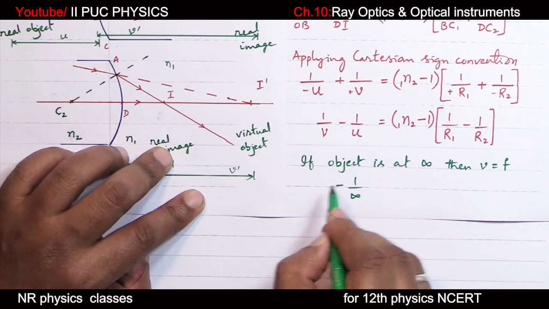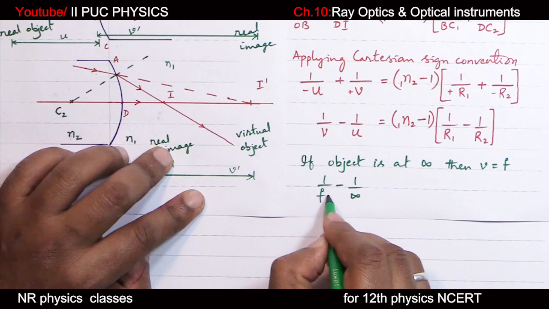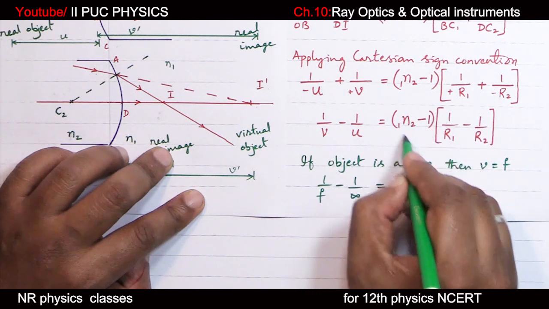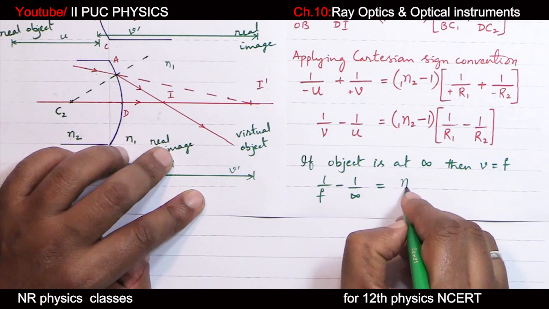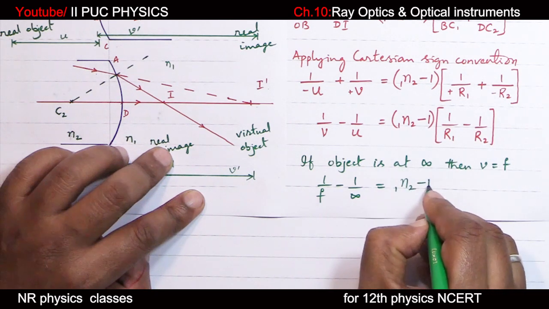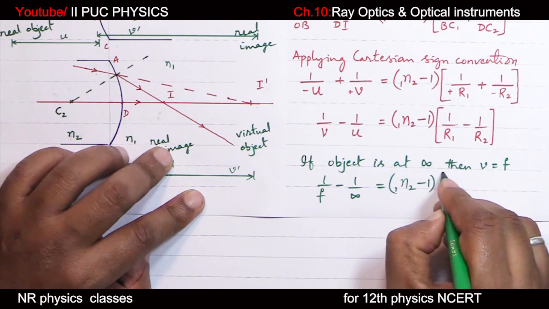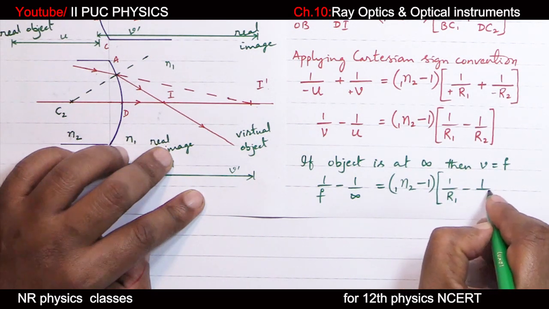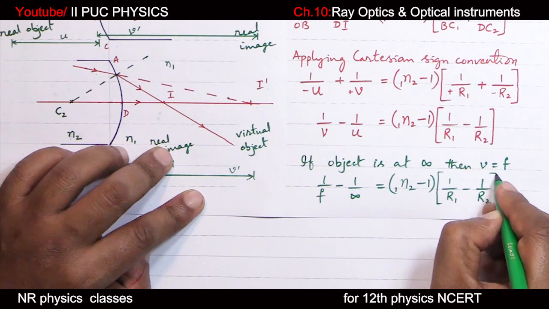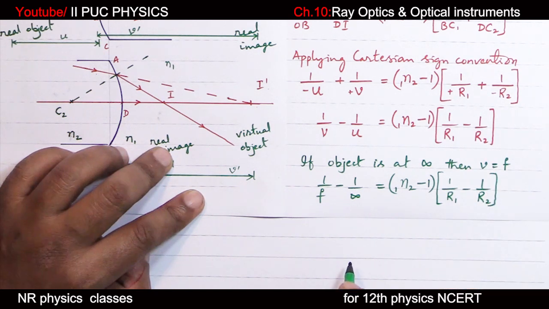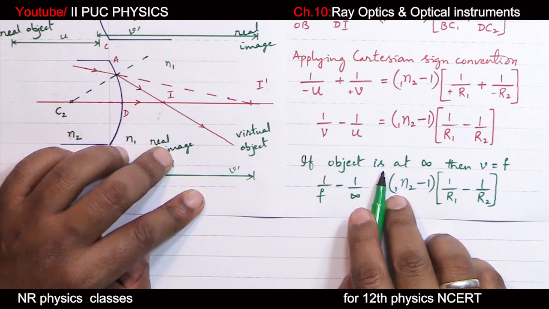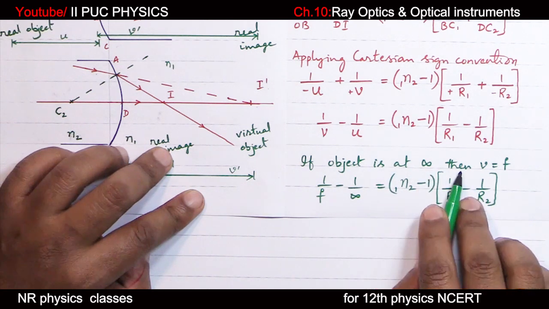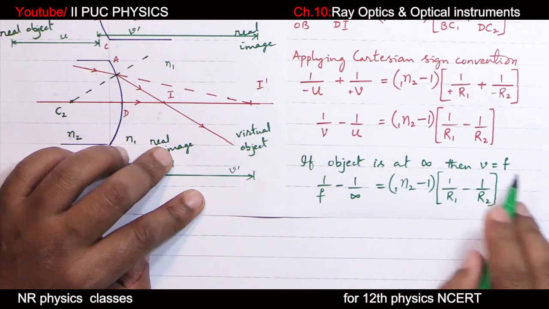Image distance is f, so 1 by f equal to, let me write this as it is, N21 minus 1 into 1 by R1 minus 1 by R2. What is the meaning of object is at infinity? Then V equal to f.